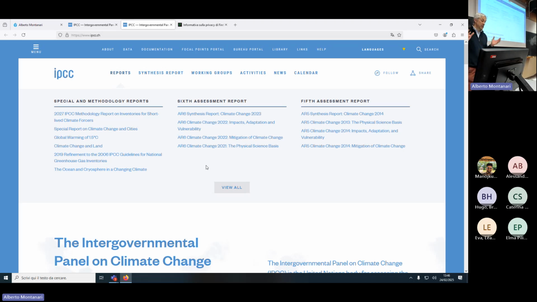I'm saying this because some people say the Intergovernmental Panel on Climate Change is a bit biased towards decarbonization as a good solution. I would say that anyway, the work of the IPCC is really important work, and it's a really good reference.